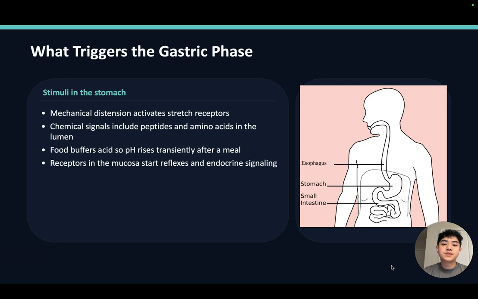That change helps support activation of gastric activity. So the key idea here is communication from sensors. Stretch receptors and chemoreceptors collect information about what is inside the stomach, and that information becomes the trigger for coordinated responses.